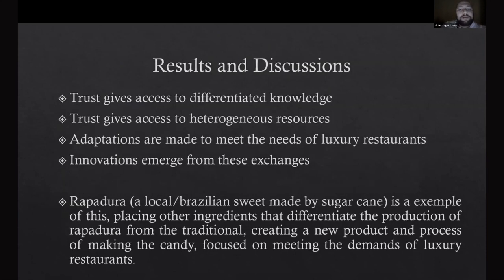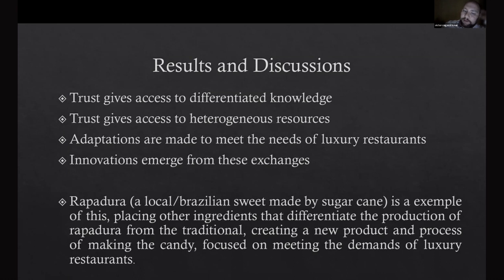So our results show that trust is an important key to give access to differentiated knowledge and heterogeneous resources. And more, trust makes possible the adaptations that are made to meet the needs of luxury restaurants. And in the end, innovations emerge from these exchanges. As an example, I put here the rapadura.